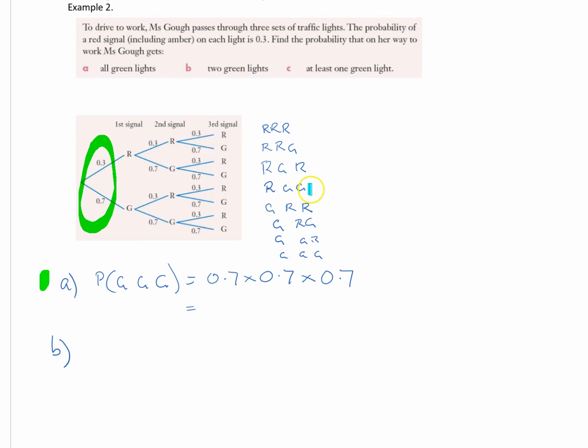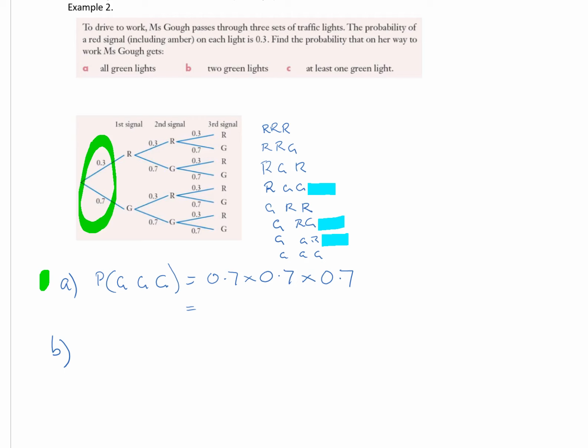We want this one. We want those 2 green, those 2 green, and it's just saying 2 green lights. So the last one was 3 green. What we have to do then is to add the probabilities from each one of those 3.